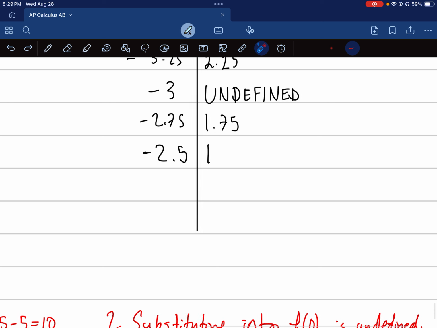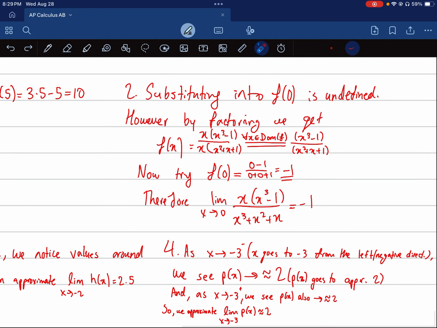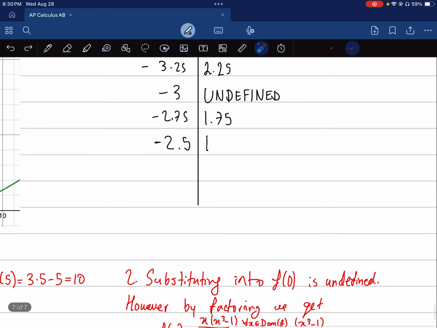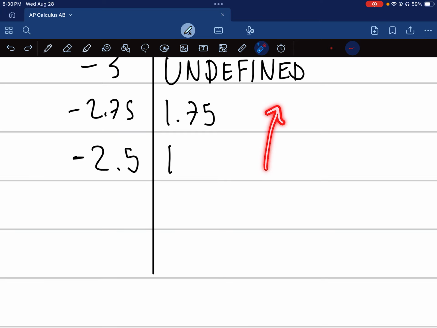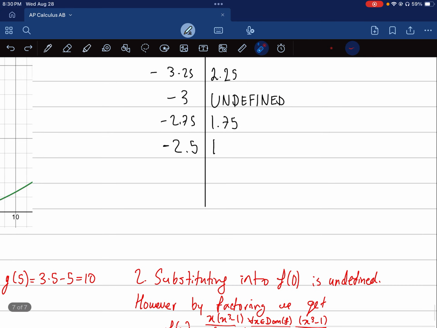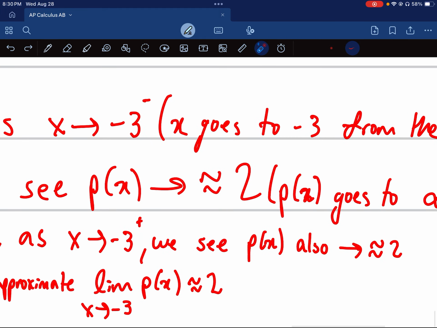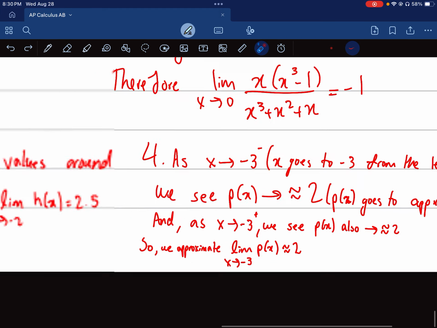And if we look at the other direction, as x approaches -3 from the positive direction, we see that p of x also goes to about 2. So both of these close in on 2, so we can determine that the limit as x approaches -3 of p of x is approximately 2.